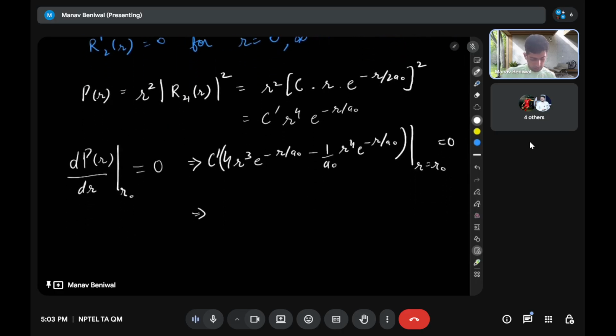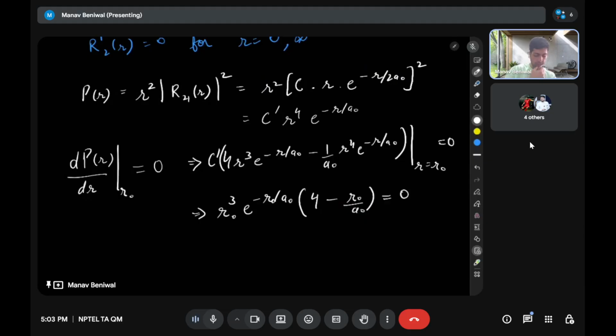Let's take out these things common. So basically we have r naught cubed e to the power minus r by a naught. This is again r naught, and inside here we will have 4, and here we will have r naught by a naught, and this thing is 0.